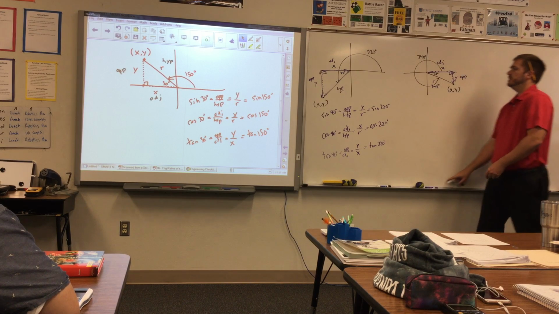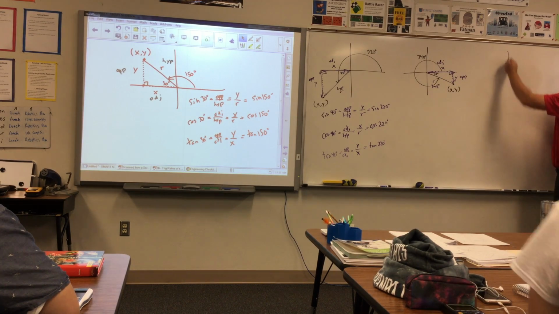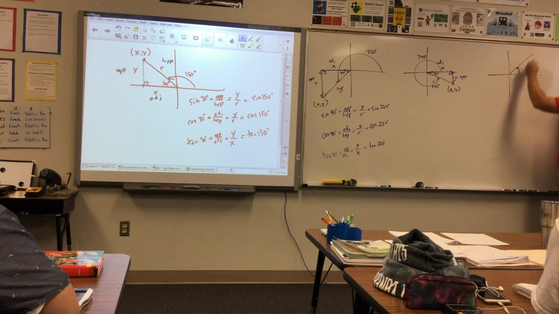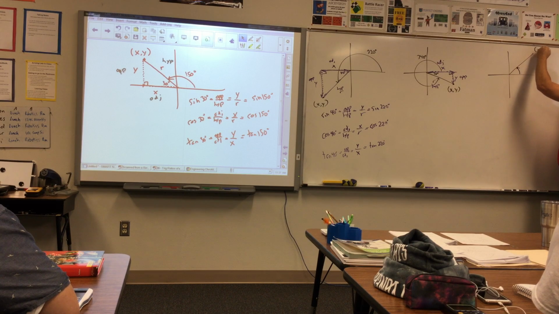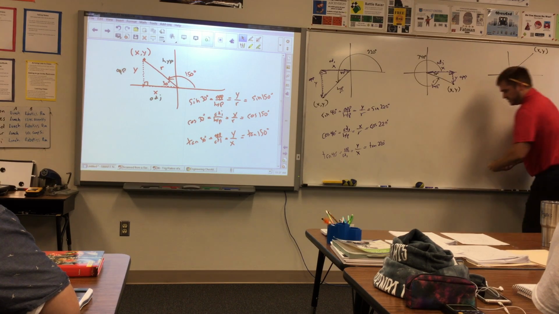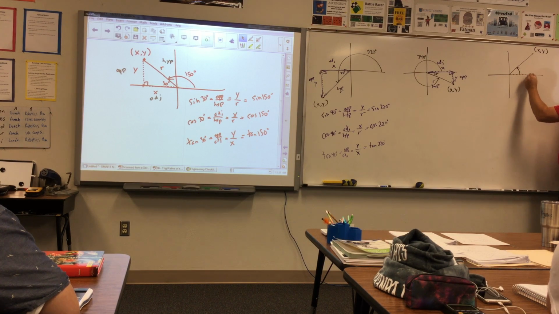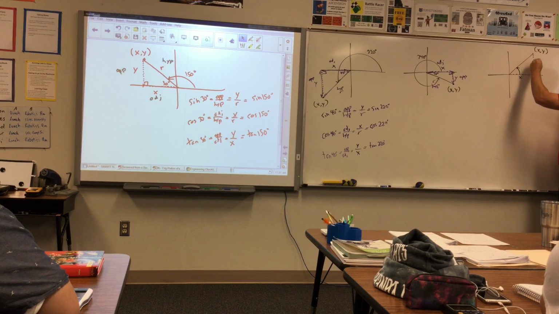And so if we look at the last situation, when you're in the first quadrant, and you stop at coordinate x, y, that means you've gone over x, you've gone up y.